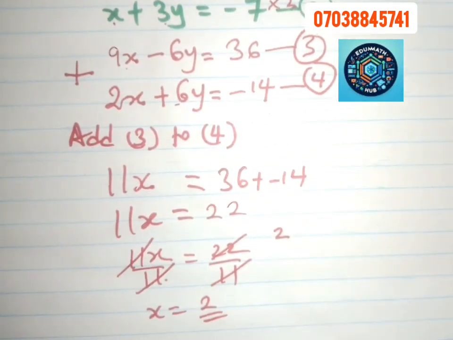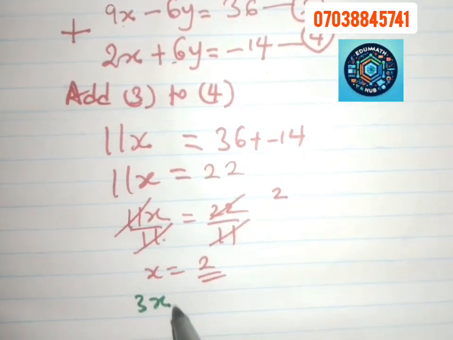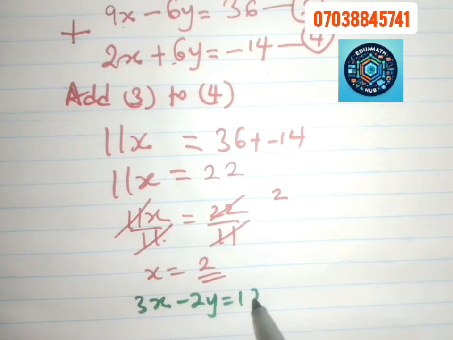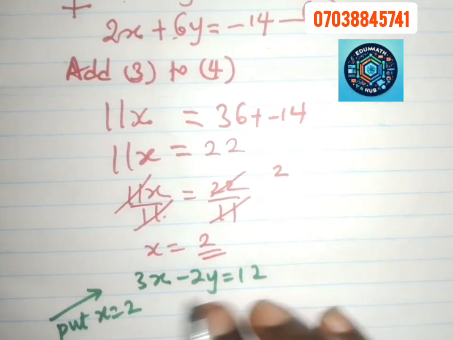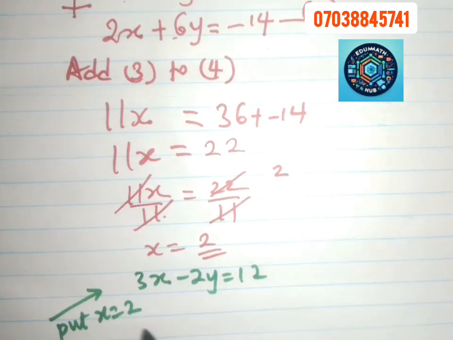So I have 3x minus 2y is equals to 12. So you just come here. So you put x equals to 2. So anywhere you see x, you put in 2, so you can get y. So you just write out 3 into 2, because x is 2, minus 2y is equals to 12.